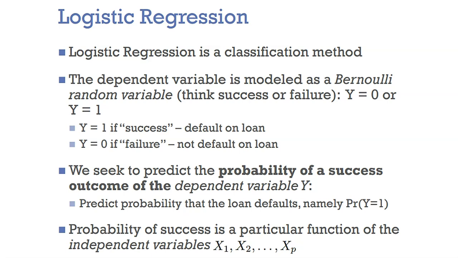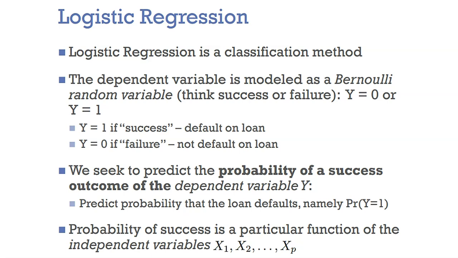Okay, so we seek to predict the probability of a success outcome of the dependent variable or response variable y. Predict the probability that the loan defaults, or in other words, Pr represents the probability of y equals 1.